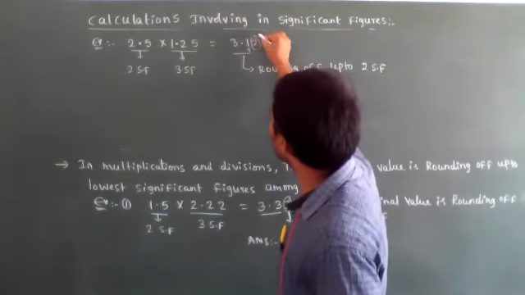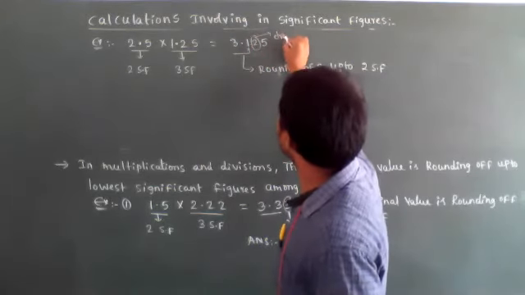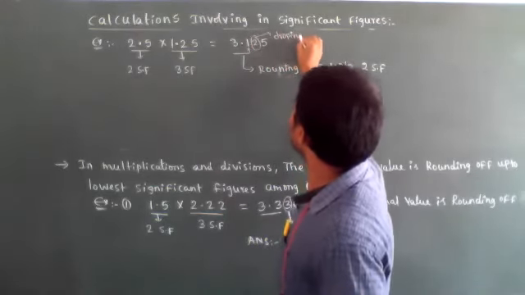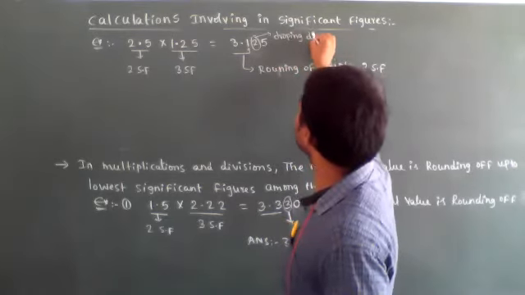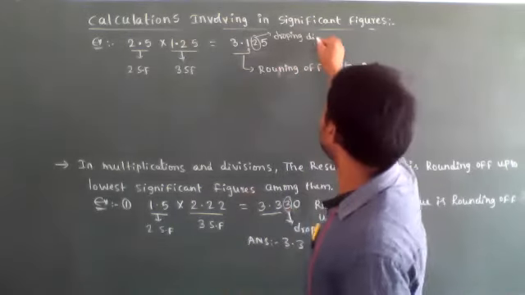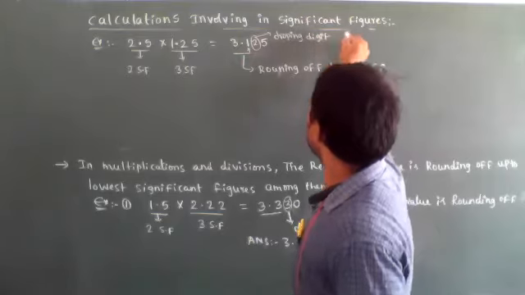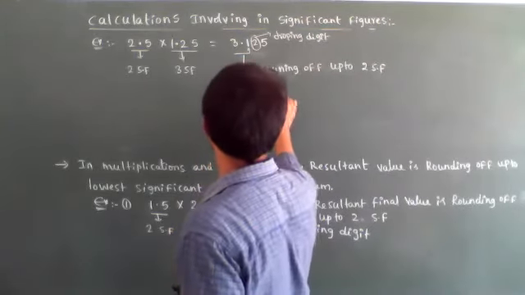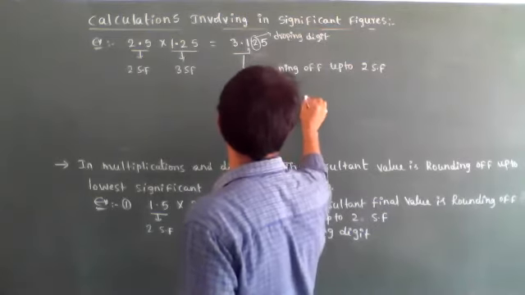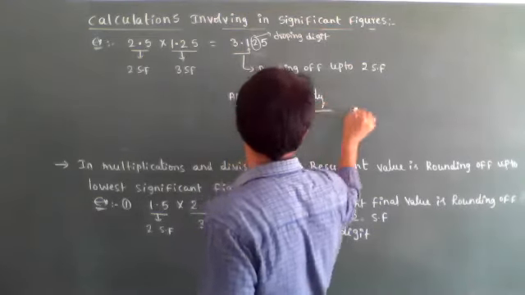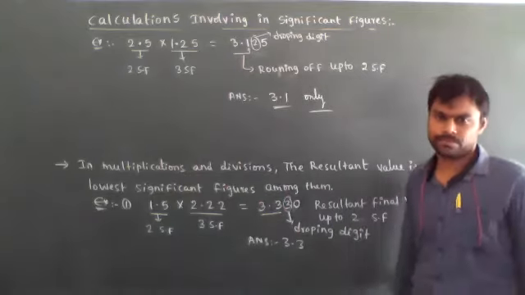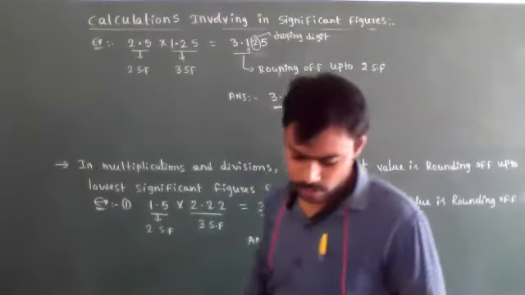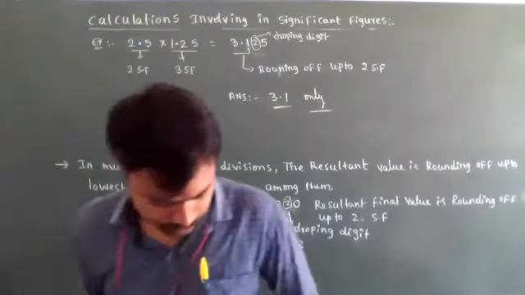Among these, 2 is the dropping digit, and the dropping digit is less than 5. Hence, the final correct reported answer is 3.1 only. Okay. Let's see one more example for division.